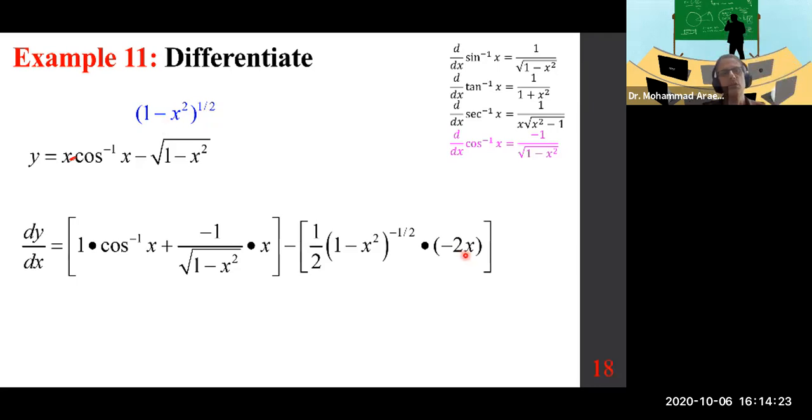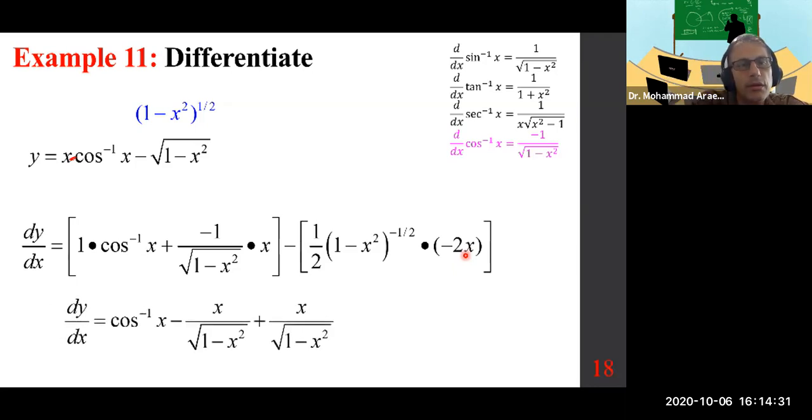So all you have to do, rewrite everything very carefully. Notice, this is cosine inverse. This one has a negative sign, you put it here. X comes at top. This one, negative 1/2 and negative 2 cancel each other, they give us plus.